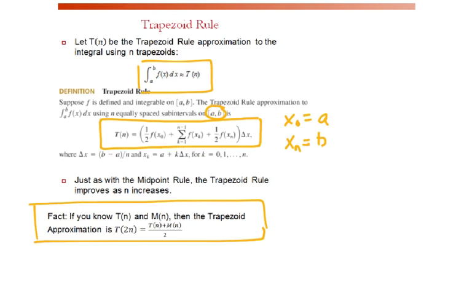So this formula basically relies on you having the midpoint rule computed and some values of n for the trapezoid rule. And we'll see this in action as well.